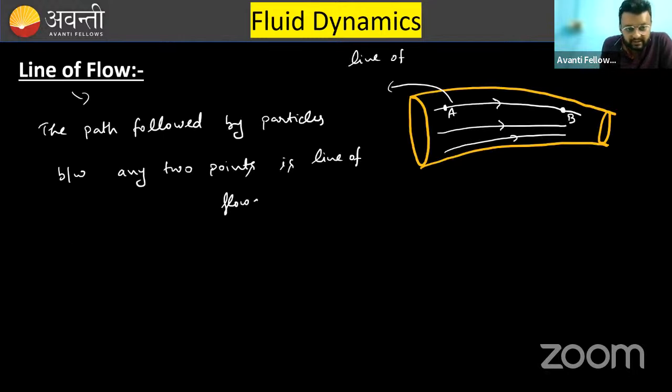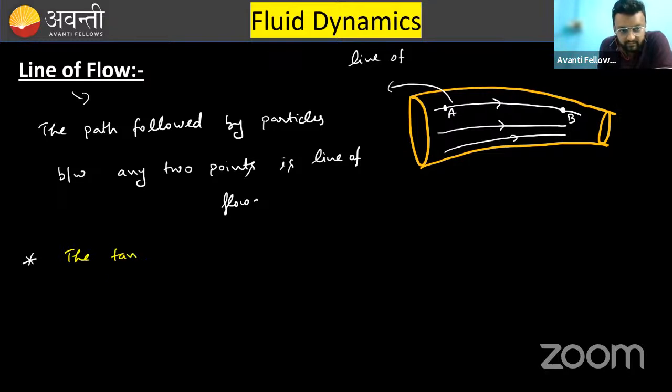Again, one more thing, one punchline here. Listen to me very carefully. If I draw a tangent at the line of flow, this is the same thing that you will learn in electrostatics and magnetism. This is the punchline I will say.